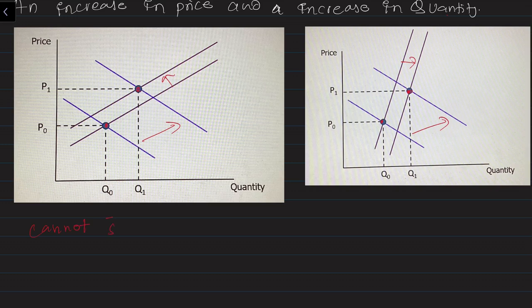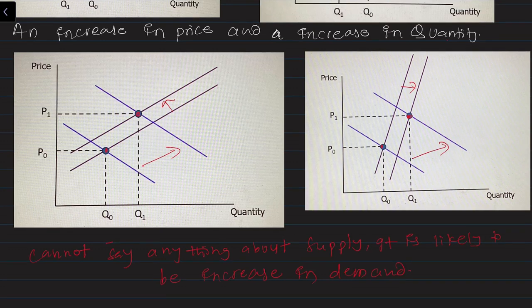Okay, we cannot say anything about supply, but it is likely to be an increase in demand, because in both of these graphs the demand curve has shifted to the right, so it should be an increase in demand.